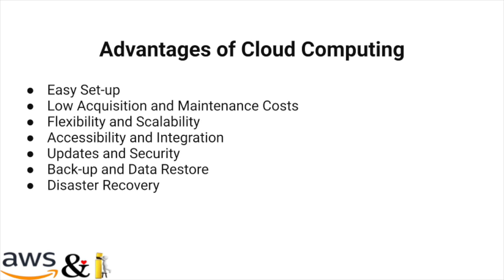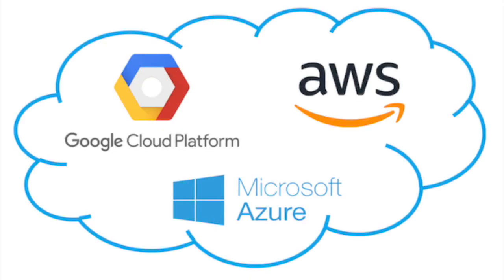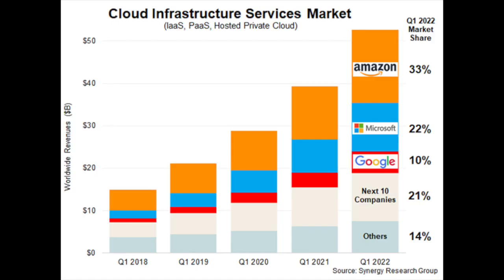And among all of these cloud computing service providers, we have the top three, which include Amazon, this AWS, which is Amazon Web Services. We have Microsoft Azure. We have GCP, which is owned by Google. And of all of these three, the most widely used happens to be AWS.